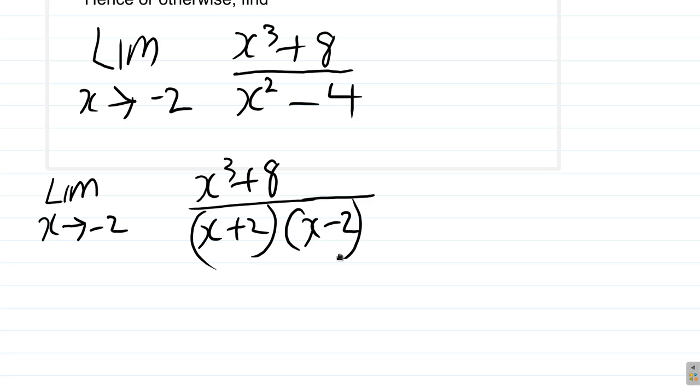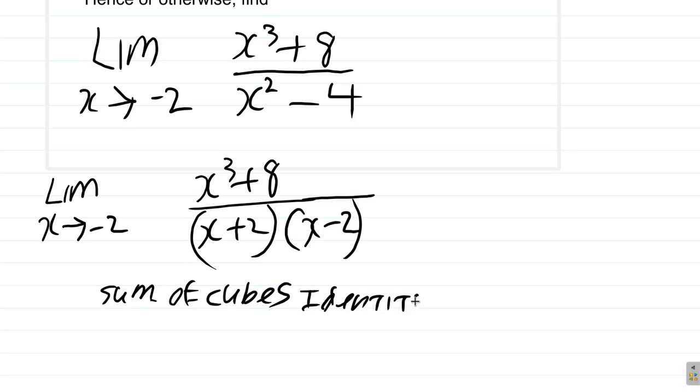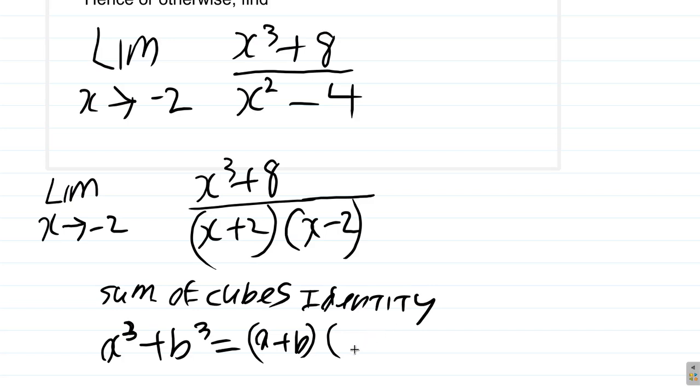Now, you can use a certain identity that is called the sum of cubes identity, which says that a cube plus b cube is equal to a plus b, then open bracket, a squared minus ab plus b squared.